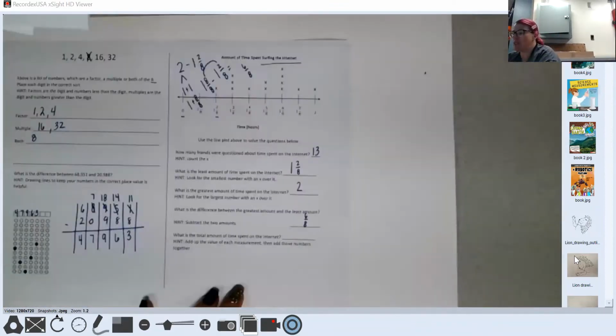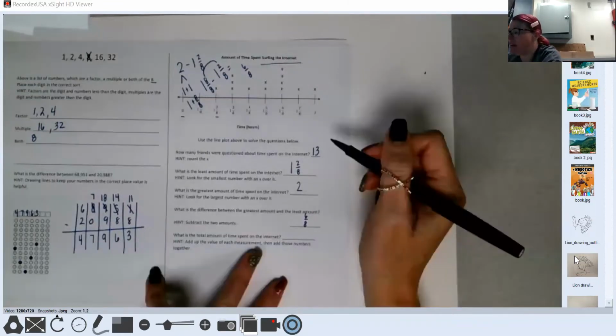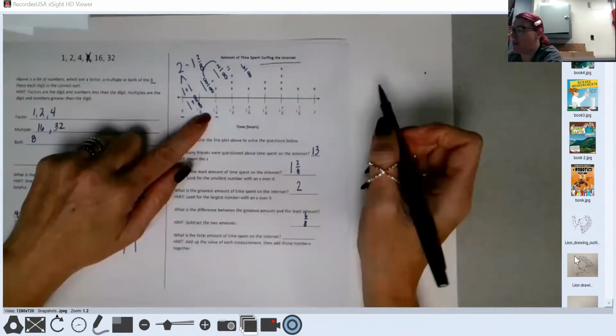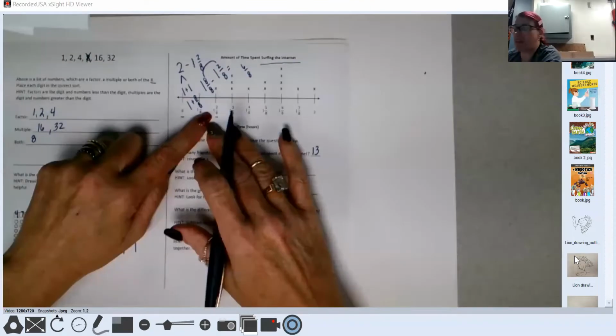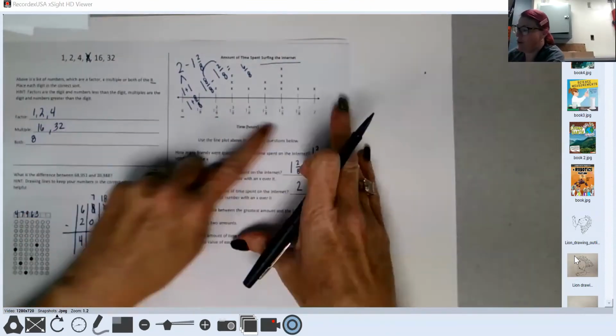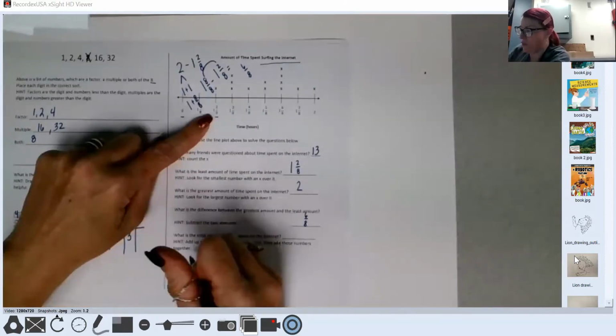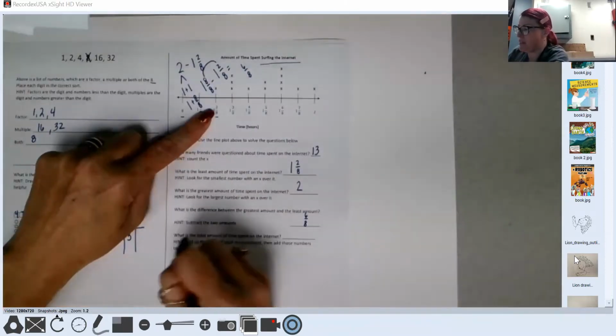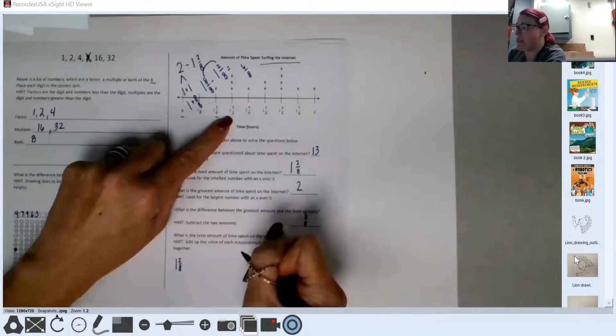The last question says, what is the total amount of time spent on the internet? So what I have to do is find the sum of each value, and then add all those together. So we have 1 X over 1 and 2/8. Here we have 1 and 3/8, 3 times.